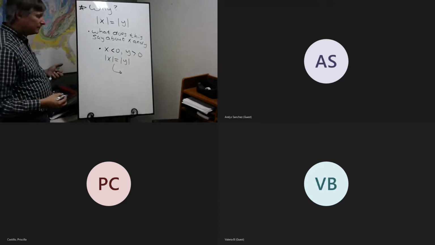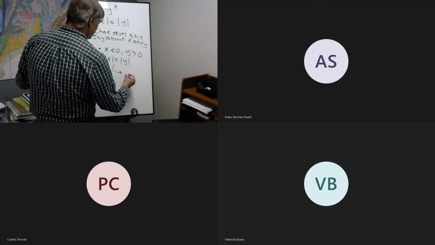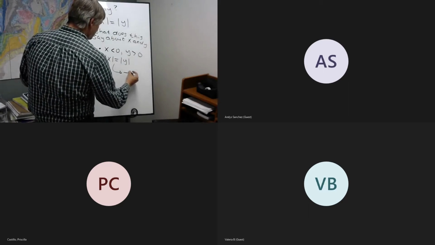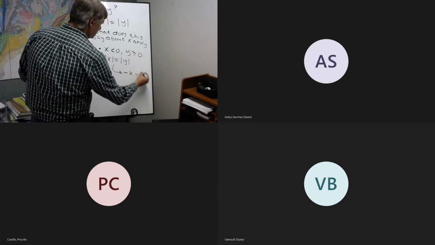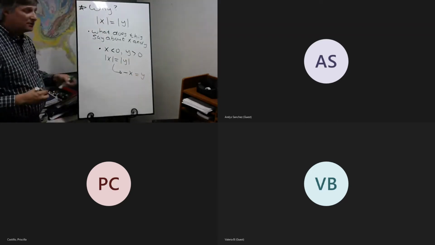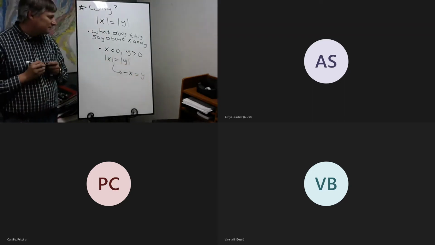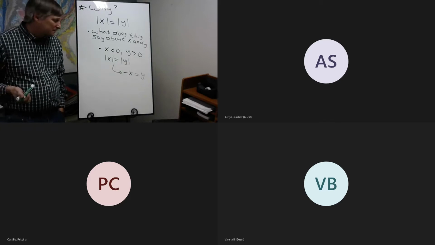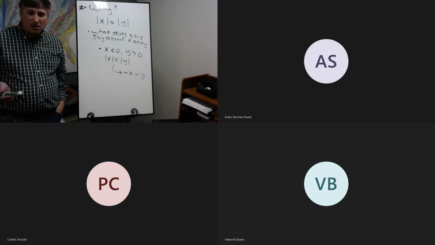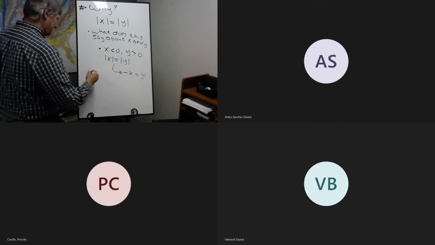Well, what this is going to mean is we want to make x positive, so we put a minus on it, and so this positive would equal the positive y. So that's where we're getting these 4 options. And the 4 options, they all reduce down to this.